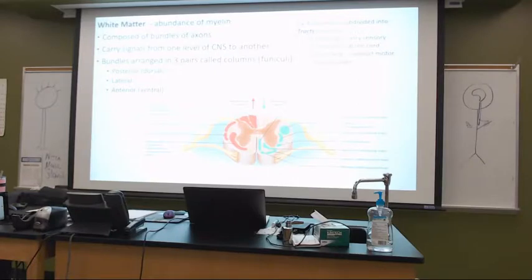Based on what you know at this point in time, what can you tell me about damage now to the spinal cord or spinal nerves? Paralysis? We could see paralysis.